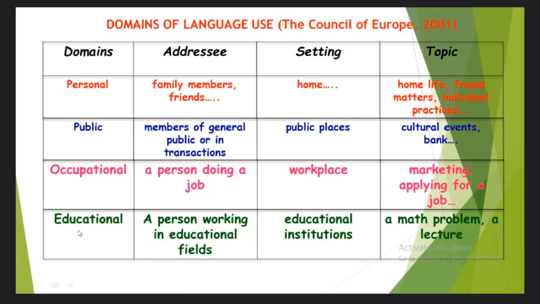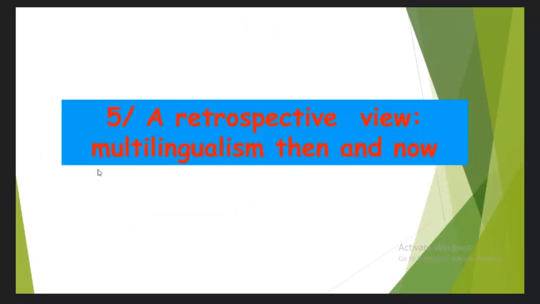I think all of you must have mastery of these domains. Because of the limited time, I will move to the next one. The final one of the first part is Rosbach, a retrospective view of multilingualism in the past and the present.